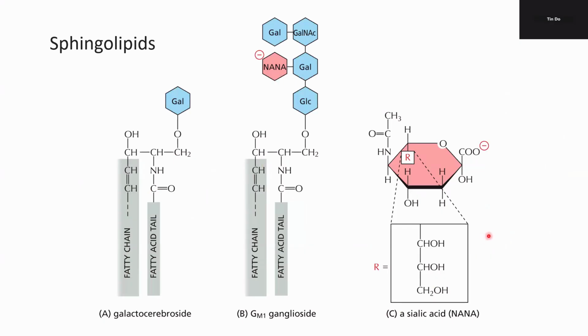Now, sphingolipids. Sphingolipids, pretty nice. They are essentially lipids with sugars on them. And if we take a look at the structure, you'll notice that you have galactose as one of the sugar molecules. You have another compound called NANA, which is a sialic acid.